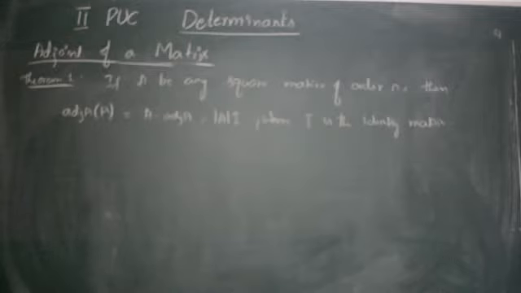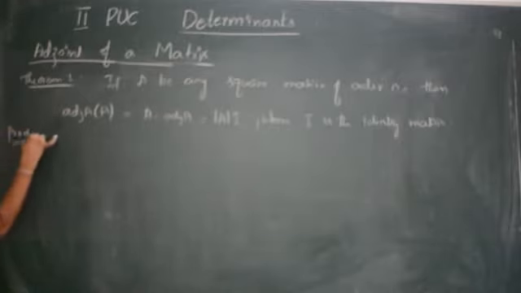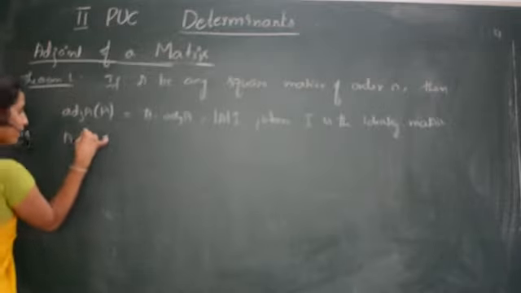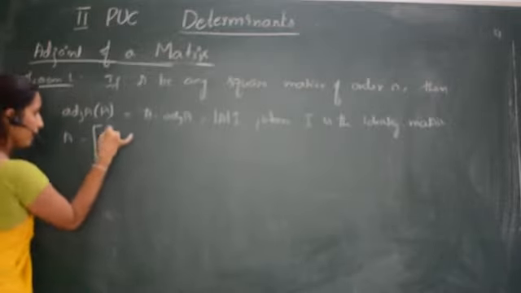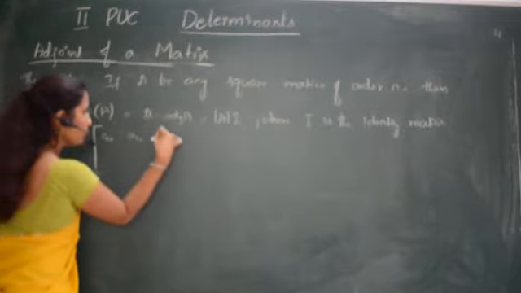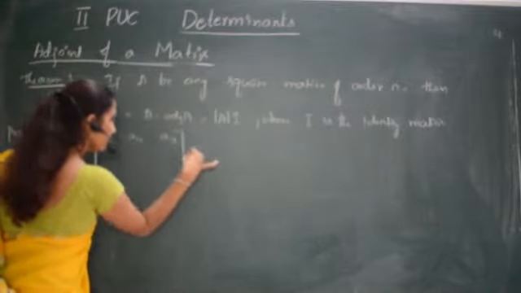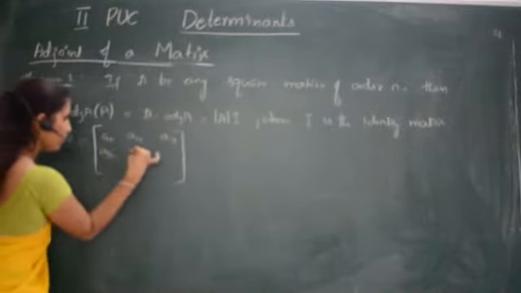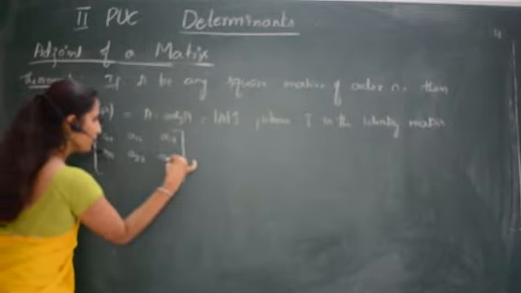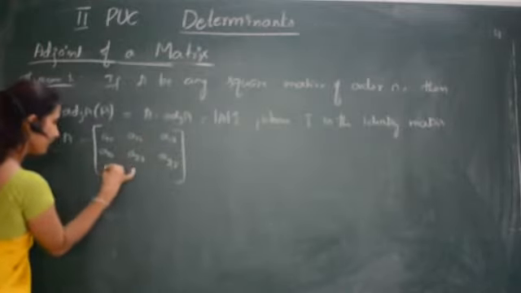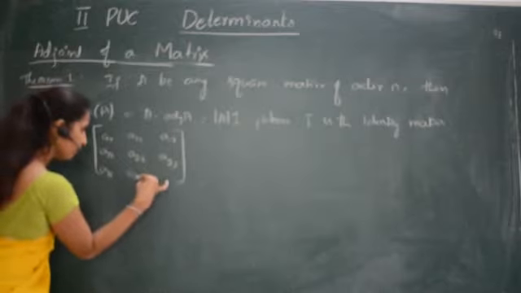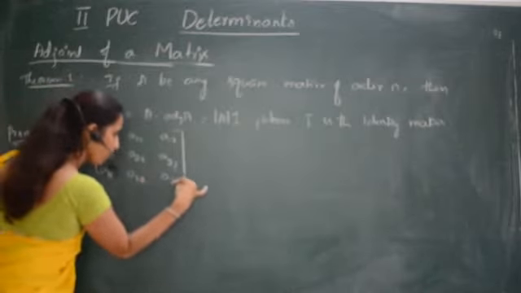I'll take a matrix A and its adjoint. Let A be the matrix with rows A11, A12, A13; A21, A22, A23; A31, A32, A33.